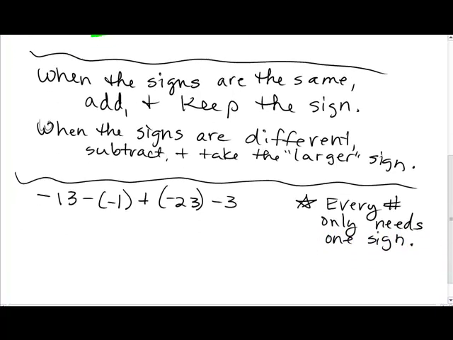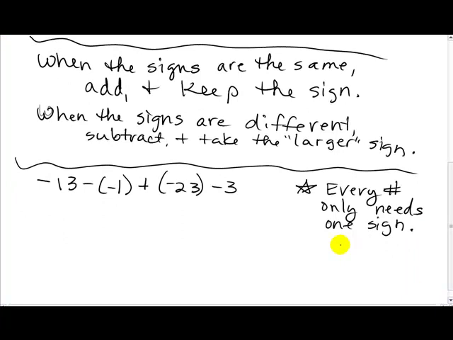Okay. So two negatives in front, same thing as negative times negative, we're going to get positive. A negative times a positive is going to give me a negative. So when I look here, those two negatives become positive. That positive and negative become negative. So I'm going to rewrite it.